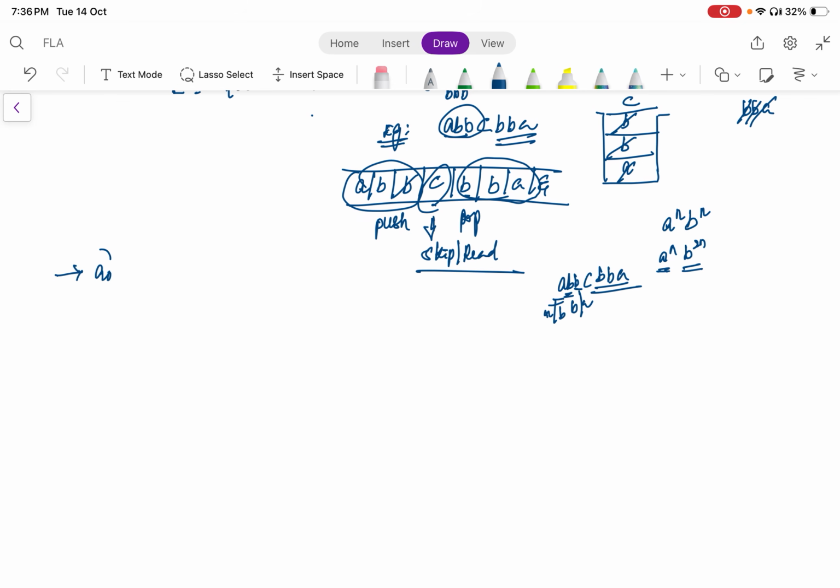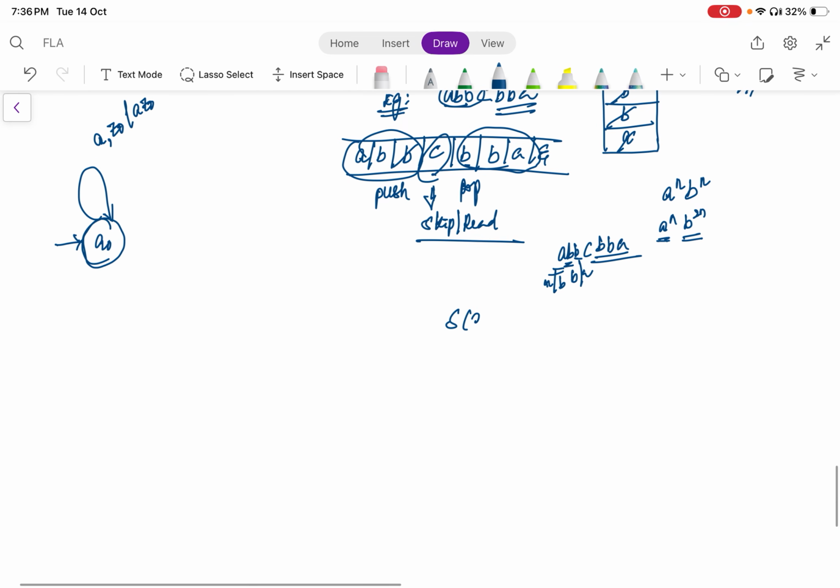So first we have the Q naught state. We are going to push all the symbols. If the input is A and the stack symbol is Z naught, then the transition is: Q naught, A, Z naught goes to Q naught, A Z naught. Initially the stack wouldn't have anything except Z naught. After adding A, it would be A Z naught.